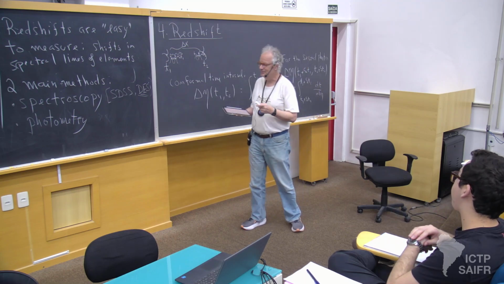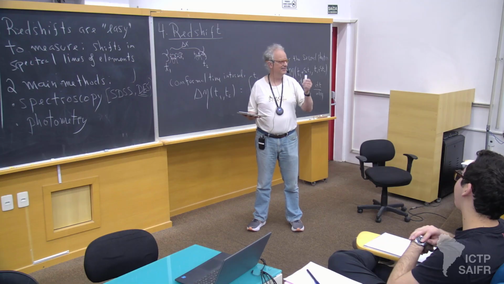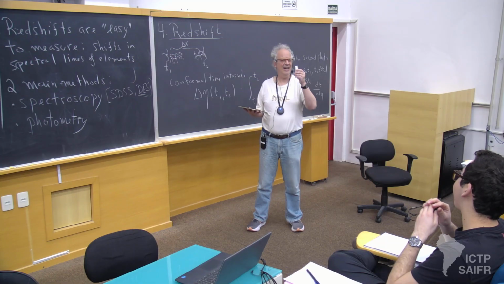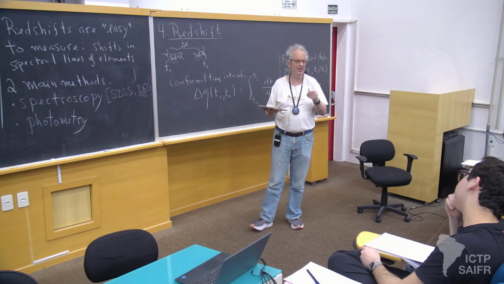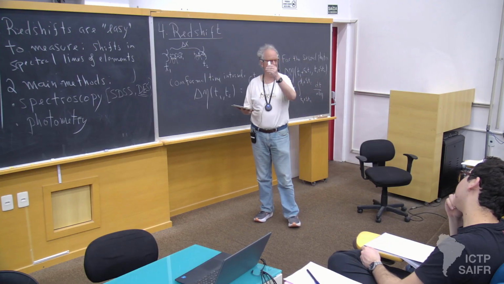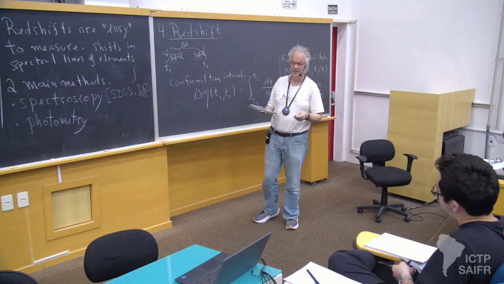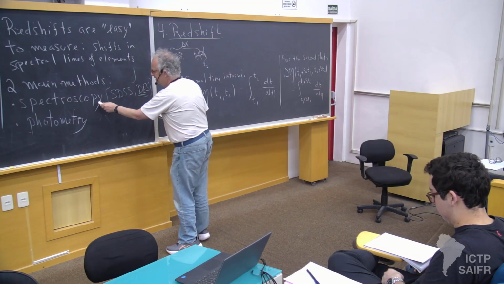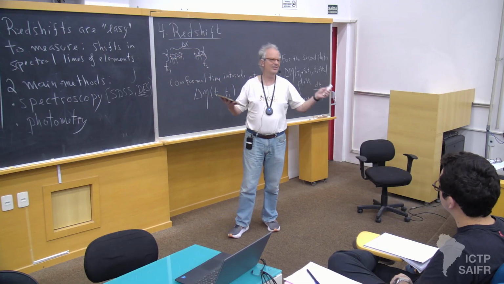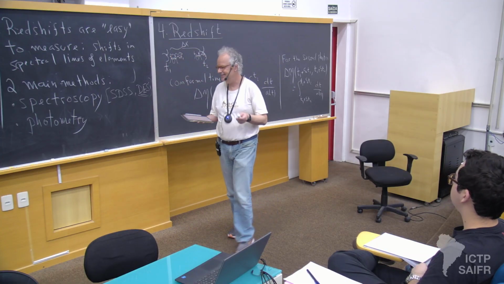But what you do is you take pictures with different color filters. So this is a very poor spectroscopy, very poor, because you only have information on some color bands. And with that, you try to reconstruct the redshift. You can do it, but the precision is much smaller than with the other method. However, you get all the galaxies in the field. You don't have robots, you don't need fiber optics, nothing.